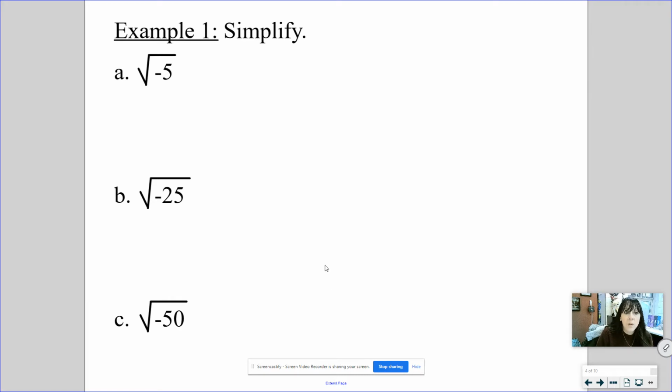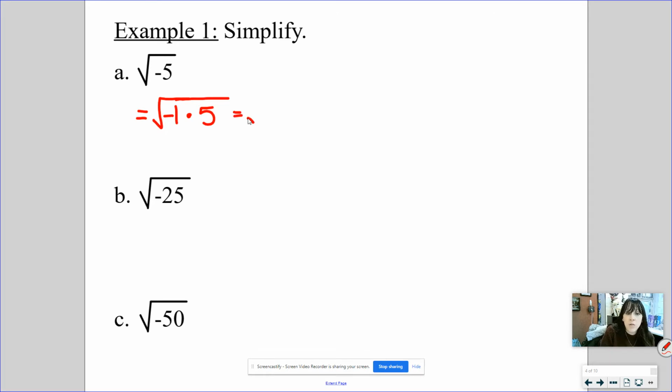So some simple examples first. Basically, we want you to start every problem by asking yourself, is this an imaginary number? And if you see a negative inside of a square root, then the answer to that is yes, it's an imaginary number. Now to simplify it, what you're going to do is pull the imaginary number, which is the -1 component of that radical, and separate it from the numerical value itself, which is 5 in this case.